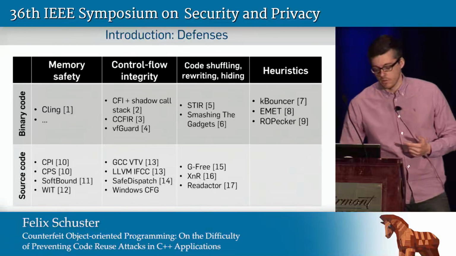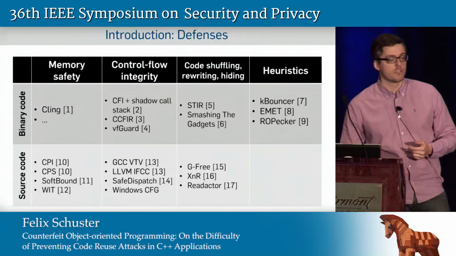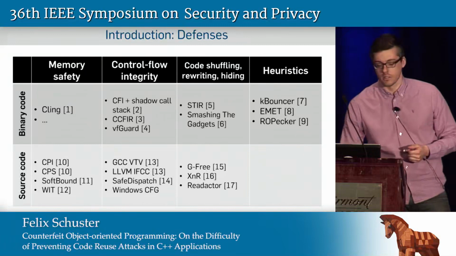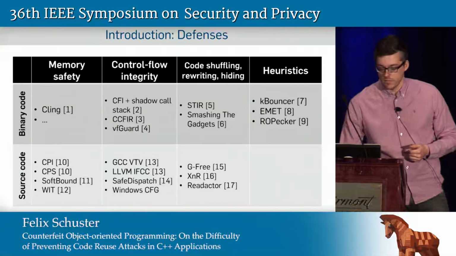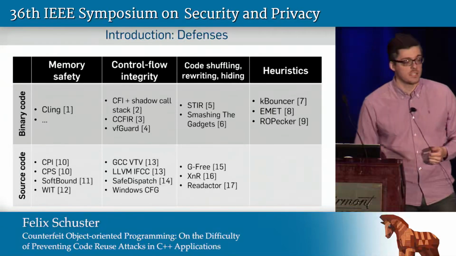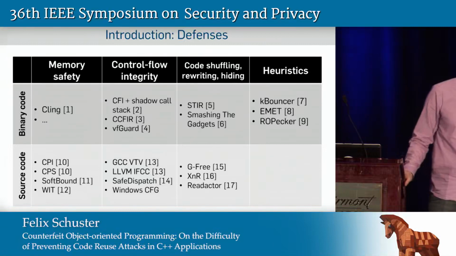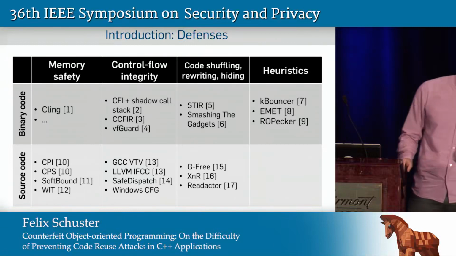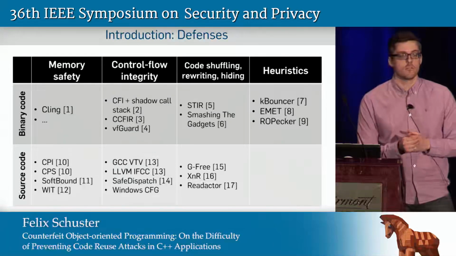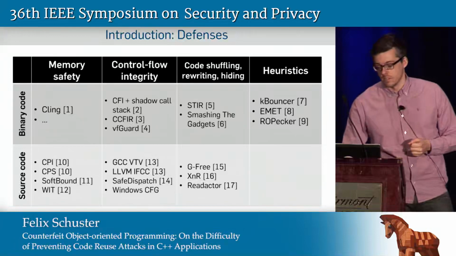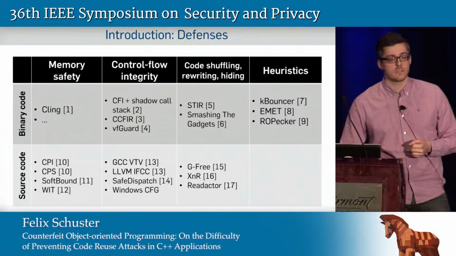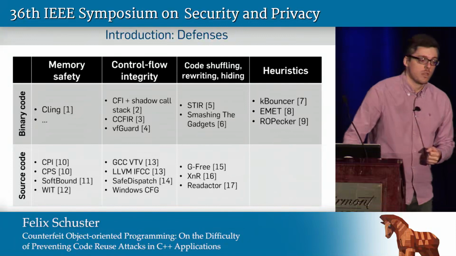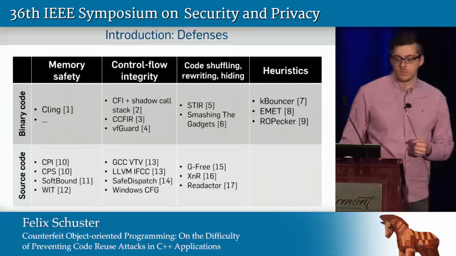They try to prevent an attacker from branching to funny code locations, essentially. Then there are code shuffling, rewriting and hiding techniques, which try to hide the code from the attacker or make it unusable for reuse. And finally, there are heuristics-based systems which try to detect code reuse attacks at runtime using different heuristics.